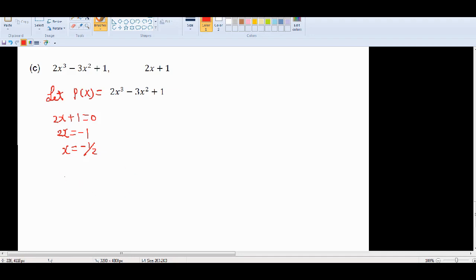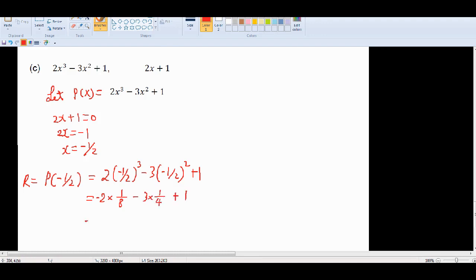Okay, let's do it. Let's see, if I put minus half into the polynomial, what do I get? Alright, so it's quite complicated. So square, that means it becomes positive.